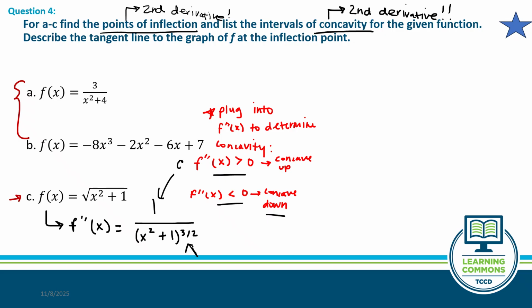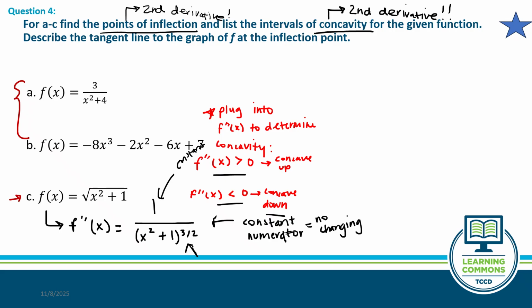It's constant. If my numerator is constant, there's no changing. There's no point at which the second derivative of the function is going to equal 0. And due to that, there's no concavity change because it doesn't change.